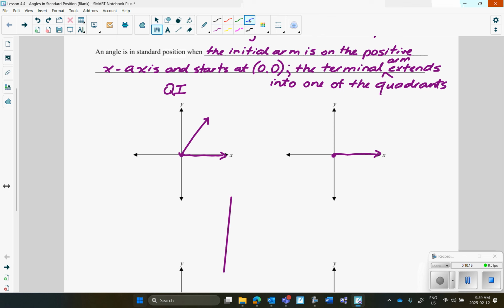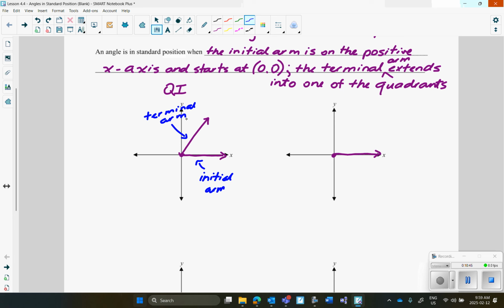So remember, this is the initial arm. It always stays where it is, the positive x-axis. This is the terminal arm, and it goes into one of the quadrants, depending on what angle we're drawing.